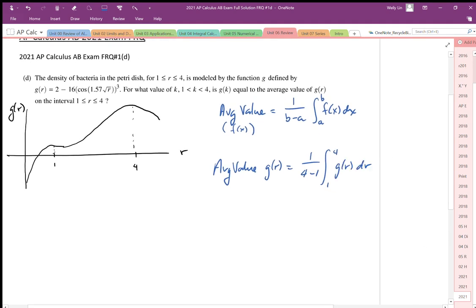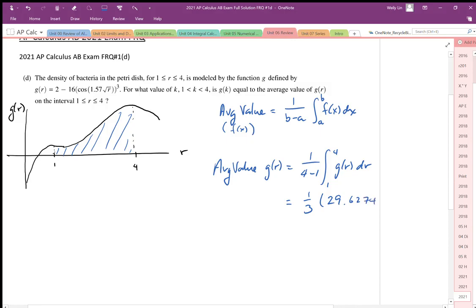dr. Now this can't be anti-differentiated, so we need our graphing calculator for this. I've graphed g of r here, and I'm going to integrate this function. When I integrate it, the area under that curve, the area that I'm shading here, works out to be 29.6274 something.